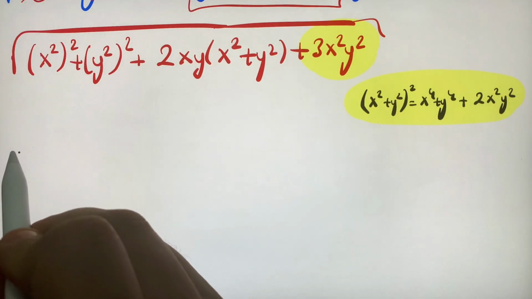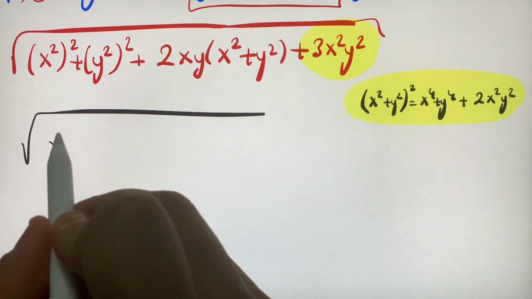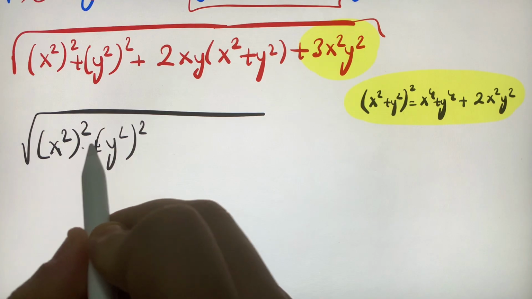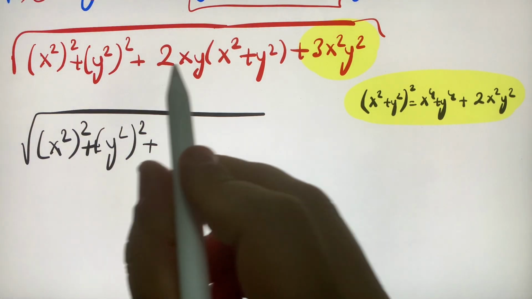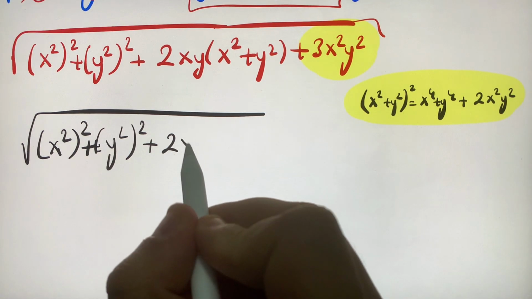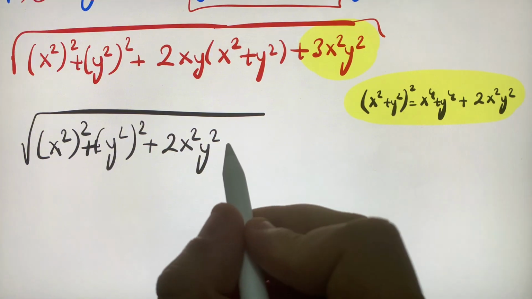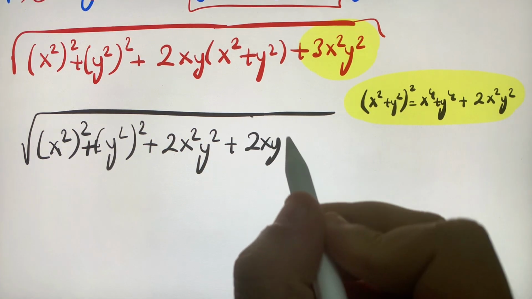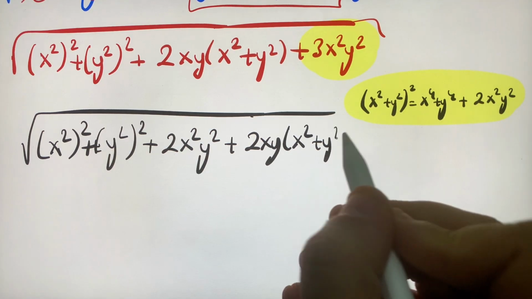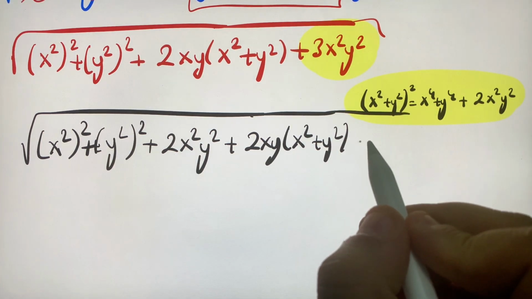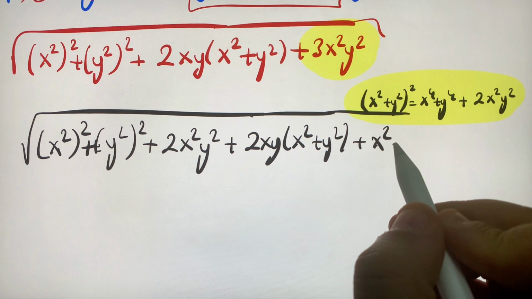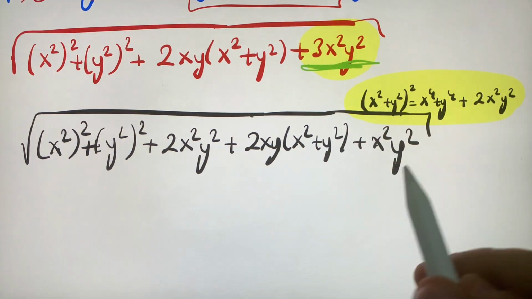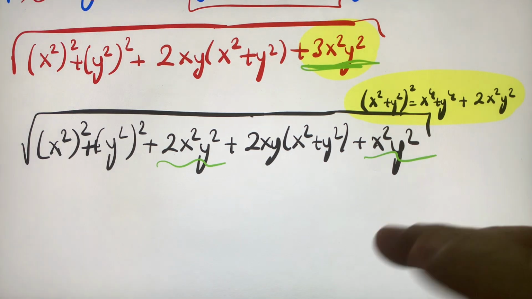Let's write it like this: x squared plus y squared, plus 2x squared y squared, plus 2xy times (x squared plus y squared), plus x squared y squared. So what did I do here? I split it and put the parts here and here.